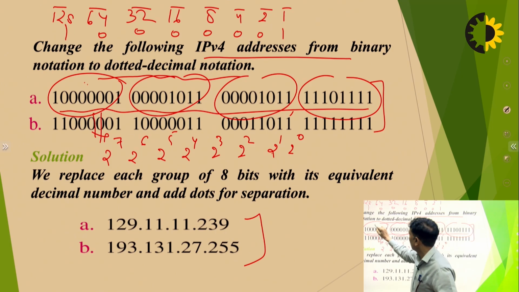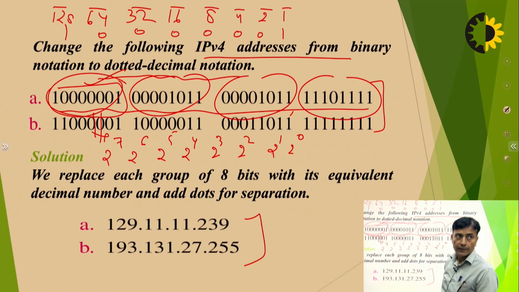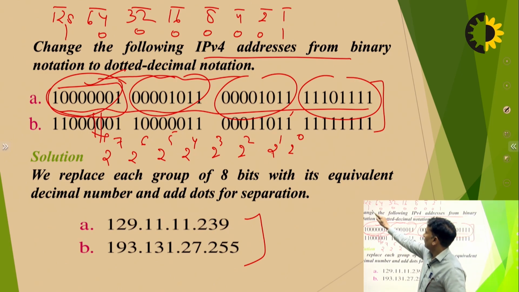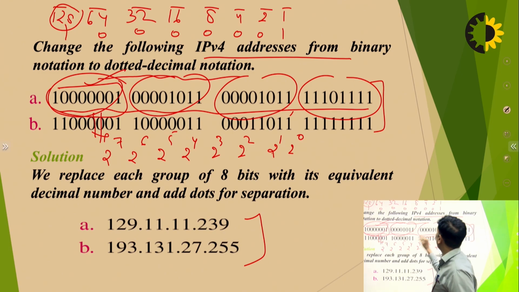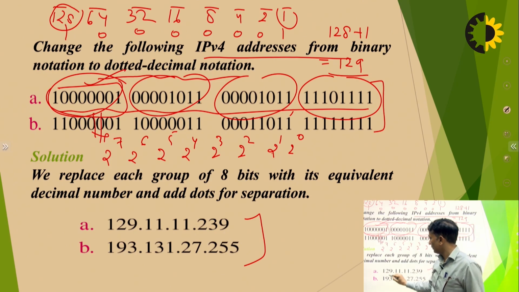See here, I am writing this number, the first byte: 1, six times 0, then 1. Now, just add the weights corresponding to these bits. So, 128 and this 1 are added. 128 plus 1 will be 129. So, the first byte gives 129.